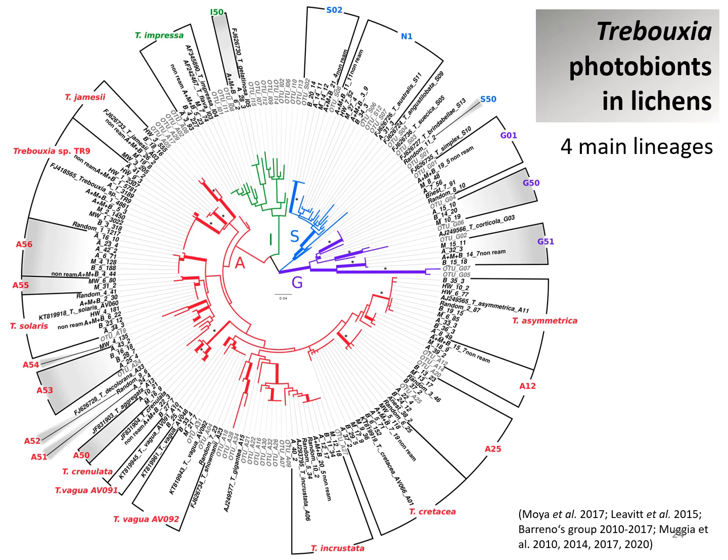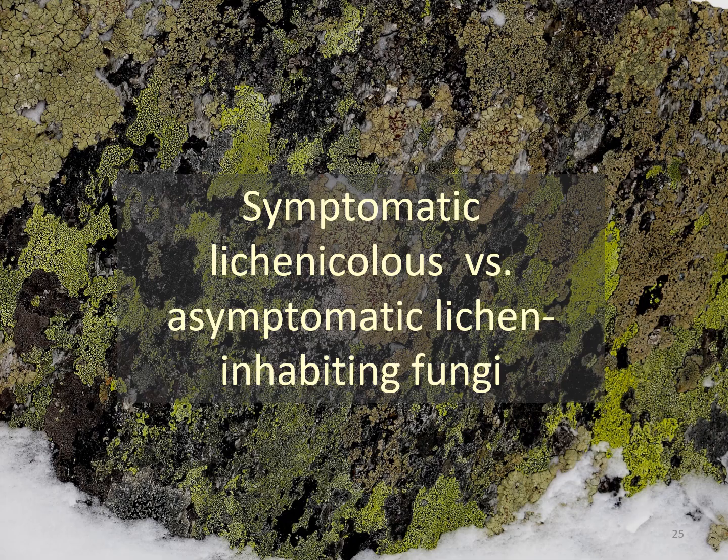Many of us took care of revising the phylogeny of Trebouxia, and the original four main lineages have been confirmed and even analyzed better in detail. Inside the lichen thallus, we can have representatives also of different lineages of Trebouxia, not only taxa belonging to the same lineage.